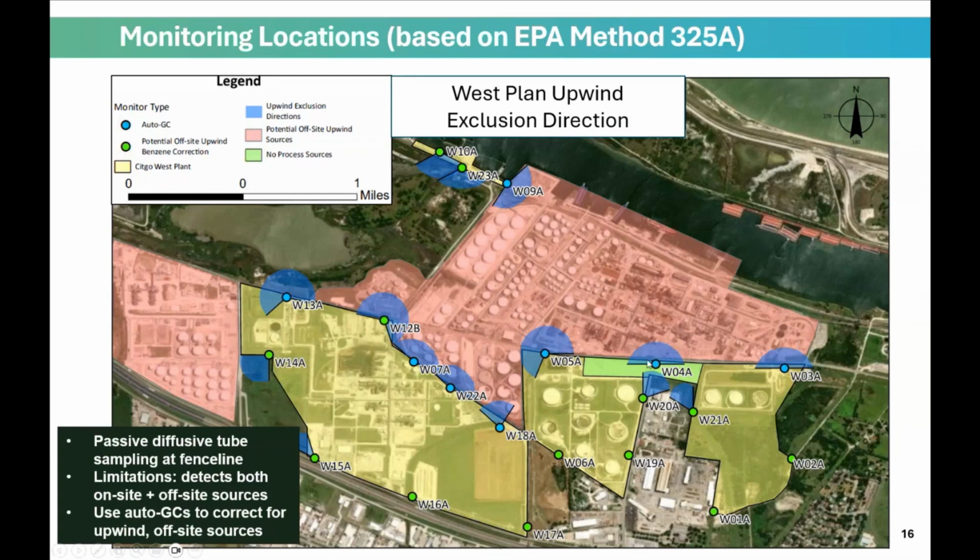I'll also note that the benzene data points that were recorded when the wind originates from angles within these blue shaded areas correlate to off-site upwind benzene calculations. And so when wind was coming from those upwind directions, they would record the auto GC data and use that data to offset the passive sampler tube calculations.